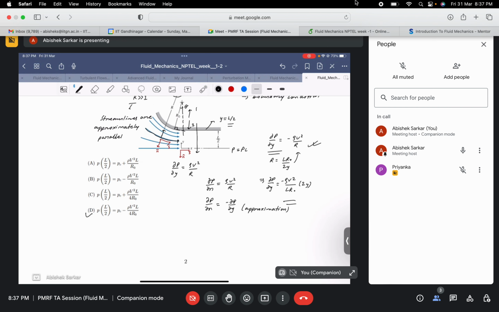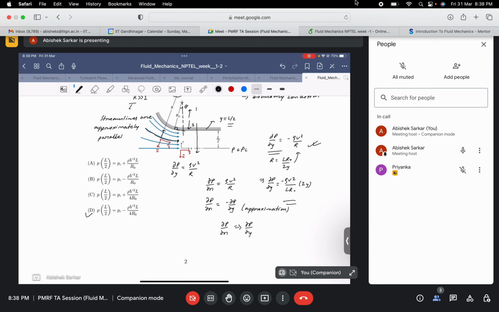You would have had to do a coordinate transformation to get the expression of del p by del n in terms of del p by del y, if you had considered the curvature radius r to be a finite or small length.